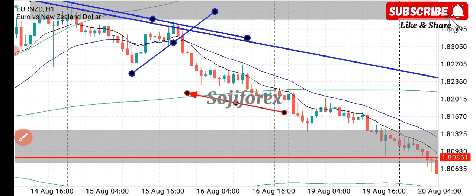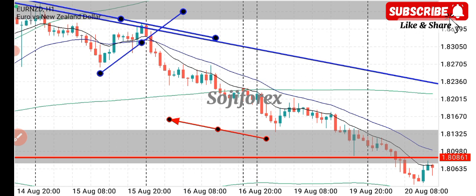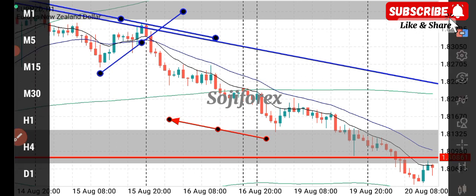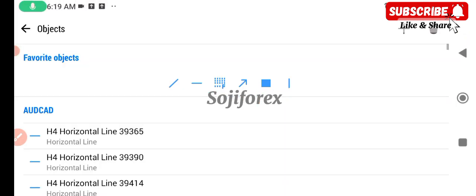So if I have missed this particular entry, I'll be looking forward to a continuation trade, and I'll be spotting this continuation trade using my bullish engulfing candle or my pin bar. So here are my continuation trades. I have one here.